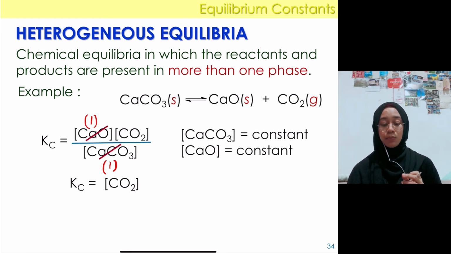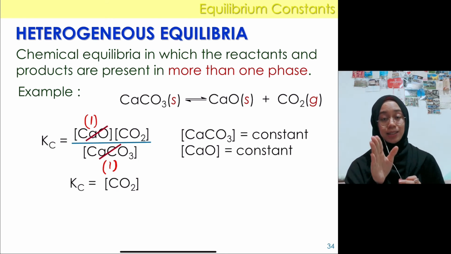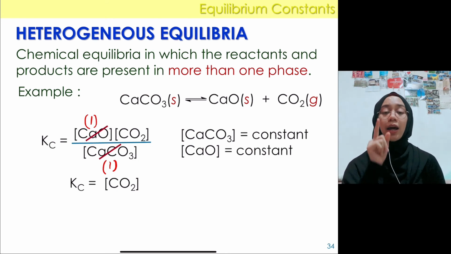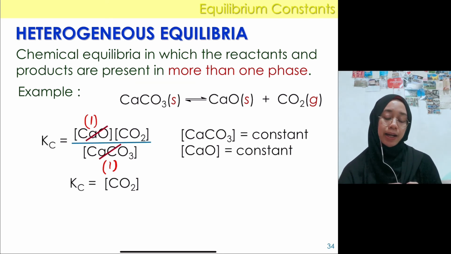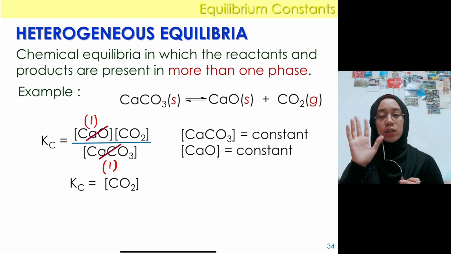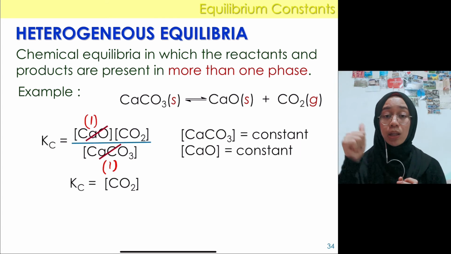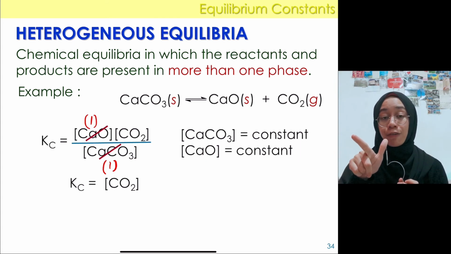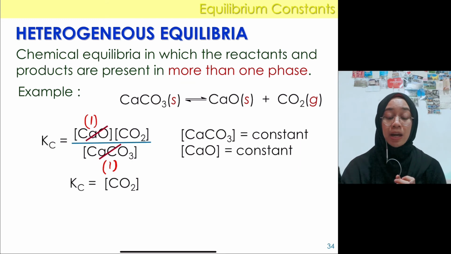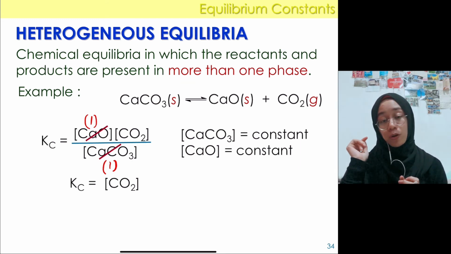Bermaksud sebenarnya bila heterogeneous equilibria ni, kita cuma fokus on gas phases only and also aqueous solution. Okay, tapi kalau solid dengan liquid kita abaikan sebab solid dengan liquid ni concentration dia remain constant, tak berubah. Okay, pure solid, pure liquid, they remain constant, dia tak berubah. So therefore kita tak payah tulis, kita tak payah masukkan ke dalam kita punya expression of equilibrium constant.